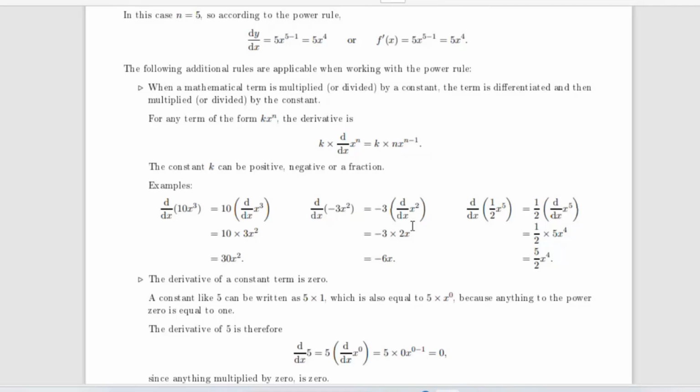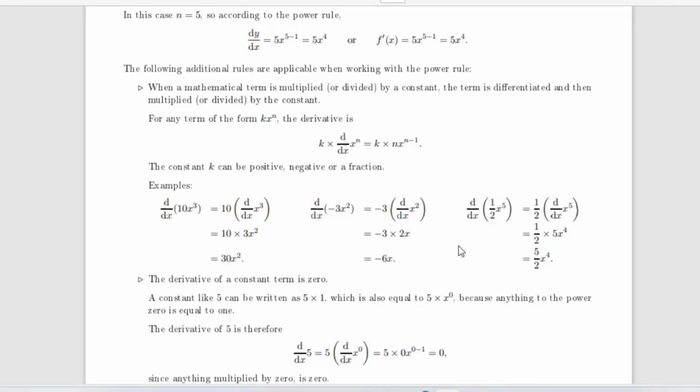You bring 5 in front of x. Then in the exponent, which is 5, you subtract 1. Now, when we do that, we will have half multiplied by 5, x to the power 4, which is the same as 5 over 2, x to the power of 4.